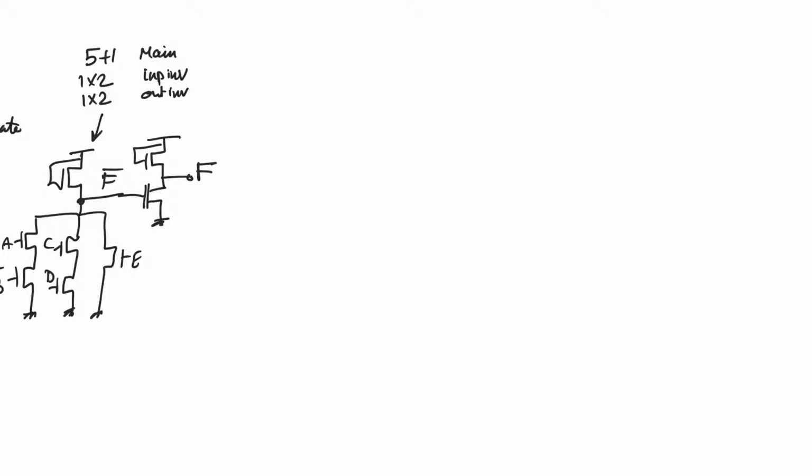If the input complements are not available without additional transistors, then you have to look at the expression of the function F. For example, a function like this, a bar, b bar, c bar, plus d, e bar, versus a function like this, a, b, c, plus d bar, e.